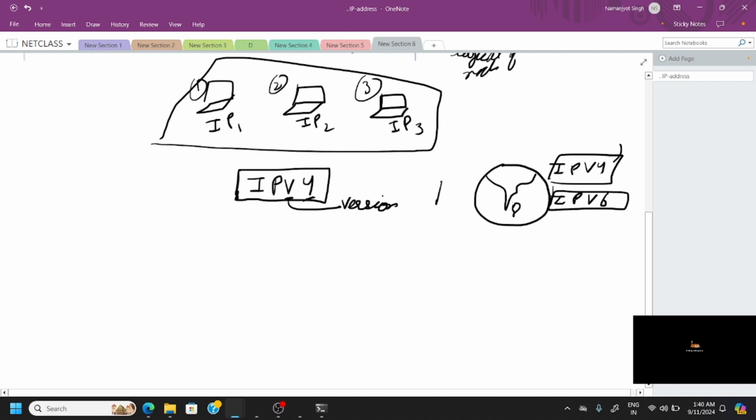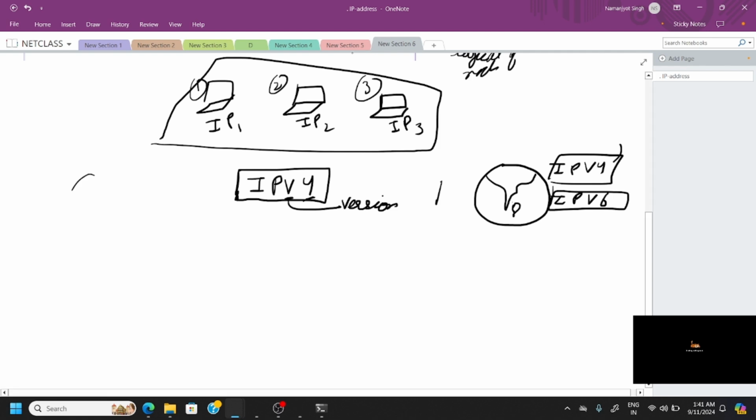Why did we introduce IPv6? Because when the internet was booming, we were not aware of how many nodes there would be, and eventually it ended up being a cyber world. In the cyber world there are a lot of nodes now, and we give each node a unique name. That unique name is the IP address. In future the IP address space will be exhausted, and there will be some nodes we will not have a name to give.